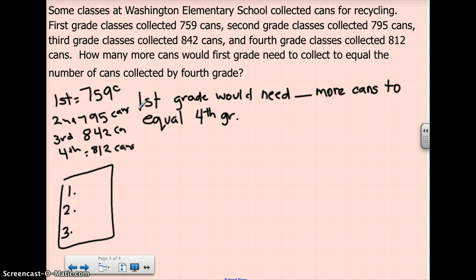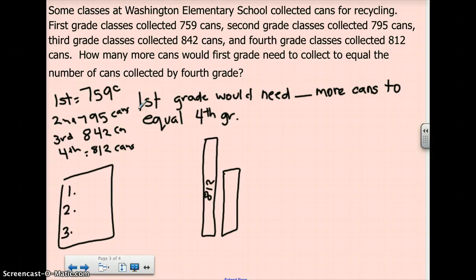Okay, how many more cans? Well, I can hear automatically with how many more that I'm going to use a different think board than a part whole. I'm going to make a bigger, smaller difference think board. So we're trying to see how many more cans first grade needed to collect to equal the cans for fourth grade. Fourth grade was 812, so this is fourth grade.